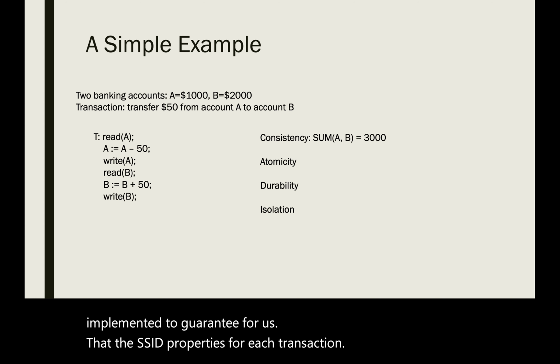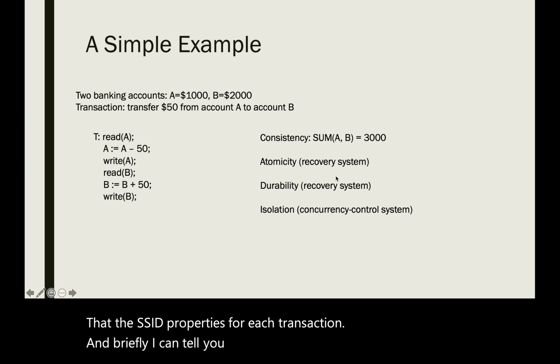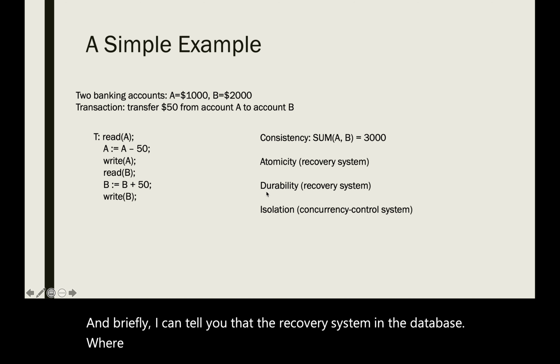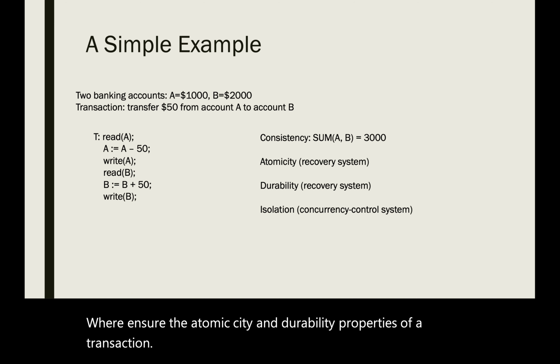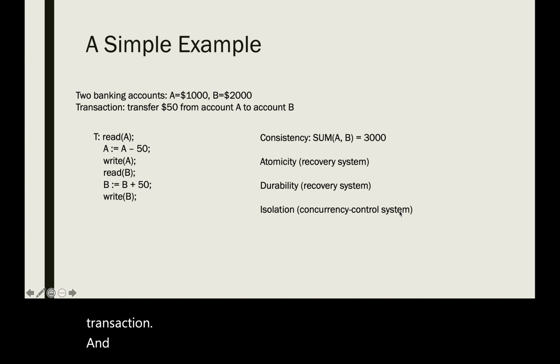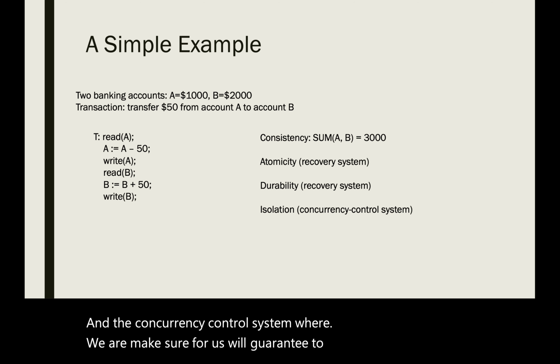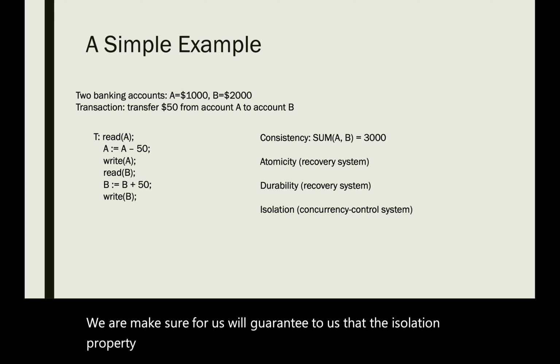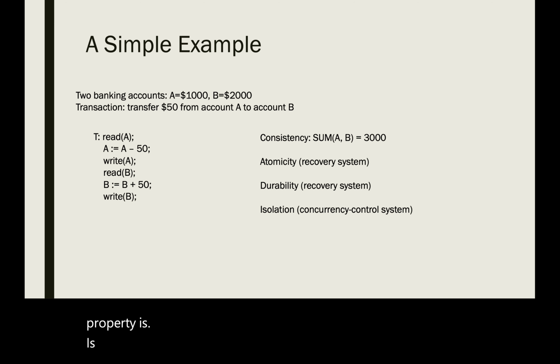Briefly, I can tell you that the recovery system in the database will ensure the atomicity and the durability properties of a transaction, and the concurrency control system will guarantee to us that the isolation property is followed by the database system for each transaction.